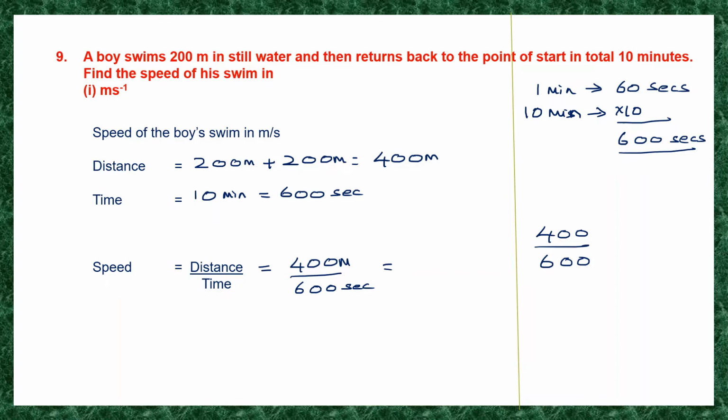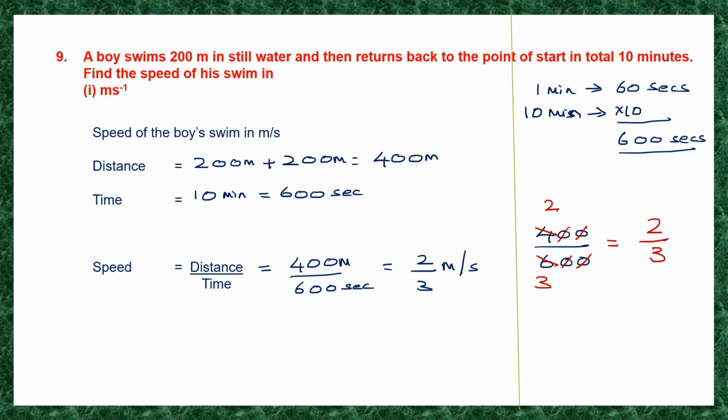Now cancel whatever you can. So there are 2 zeros here. Now I can divide 4 and 6 both by 2. 2 2s are 4. 2 3s are 6. So here what do I have? 2 by 3. So the speed will be 2 by 3 meters per second.